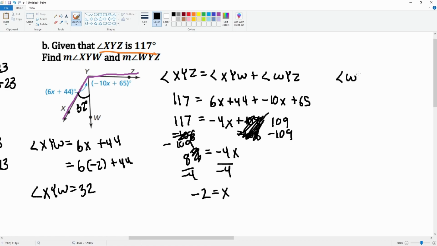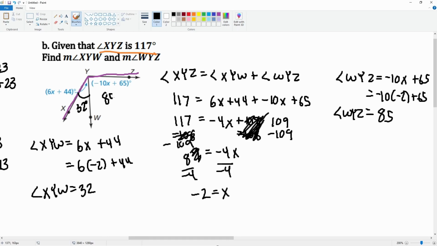Let's find angle WYZ, which is negative 10x plus 65. Negative 10 times negative 2 plus 65 gets you 85. That is what angle WYZ is. This is 85 degrees. Okay, and there you go.